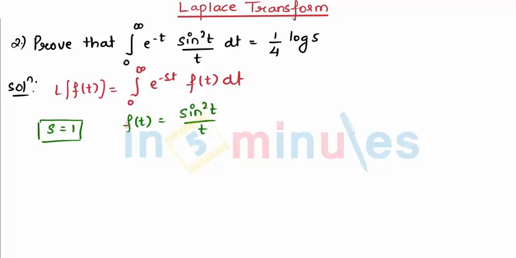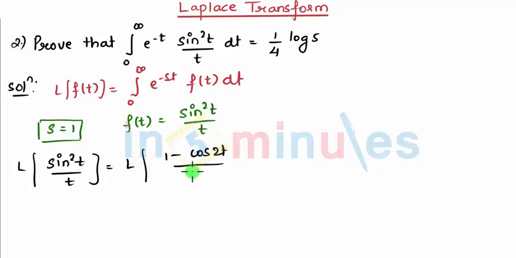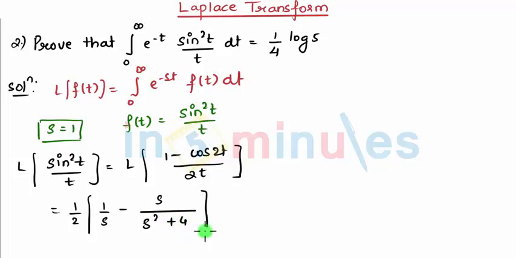So Laplace of sine square t divided by t is nothing but Laplace of 1 minus cos 2t divided by 2t. So we can say 1 by 2 constant, Laplace of 1 is 1 by s, Laplace of cos 2t is s divided by s square plus 4. So now we need to apply effect of t also. So I just put here, this was Laplace of 1 minus cos 2t and 2 was outside.